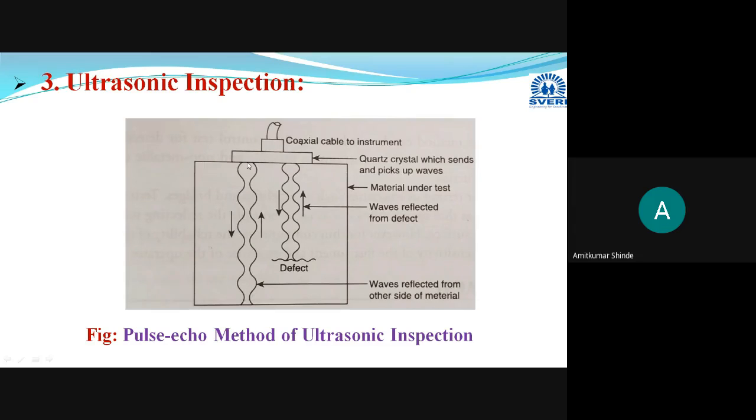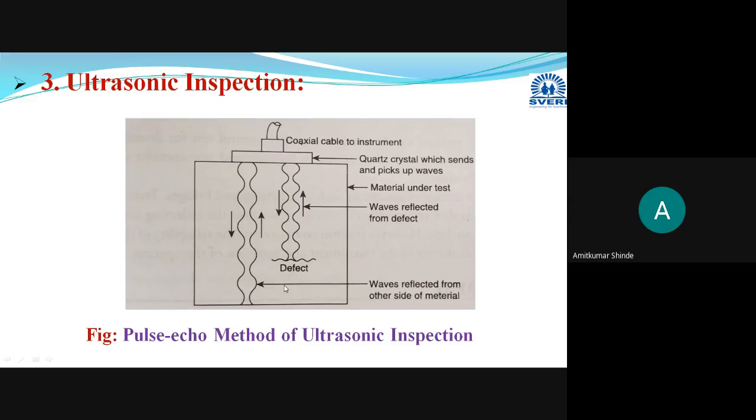The time required for this will be calculated. First the pulse will be calculated, and its pattern will be recorded on the cathode ray oscilloscope screen, which is connected here, and on that you will get the pattern related to this pulse.